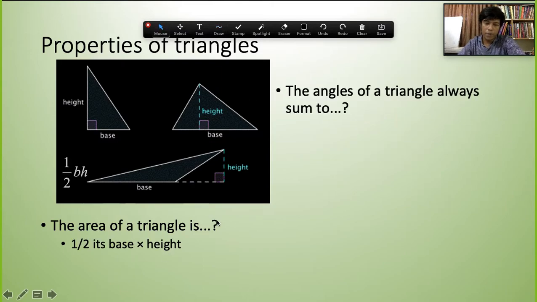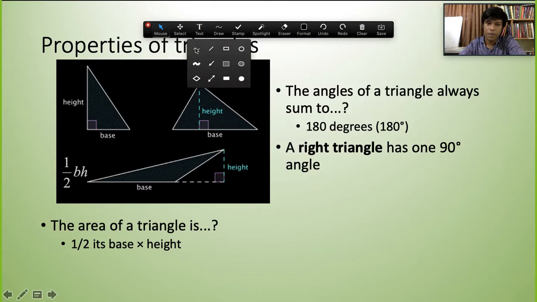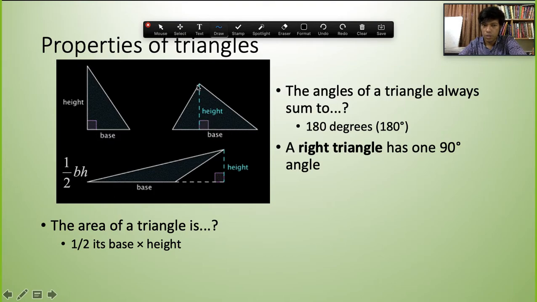So half into base into height is the area of the triangle. And the sum of all angles inside a rectangle is 360 degrees. In a right angle triangle, this one is 90 degrees, and this one plus this one is 90 degrees, so the total is 180 degrees. So the sum of all angles of a triangle is 180 degrees. You see there are two triangles here, and we have to consider it that way.